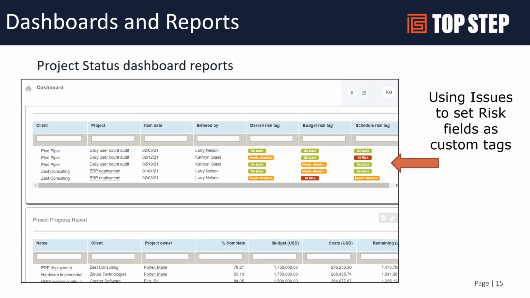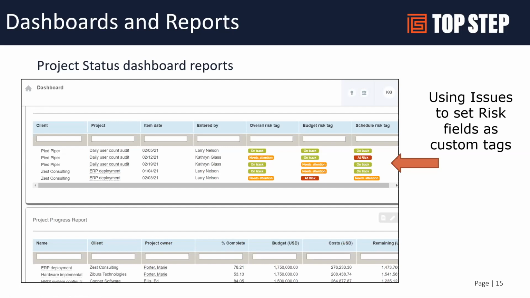Now, previously I showed where you could do that using custom fields, which is an option as well. But what you're seeing here with this color coding is what's called a tag field. Tag fields were new as of 2020. What it allows you to do is create a custom field that's a tag type and colorize the list values in the field.